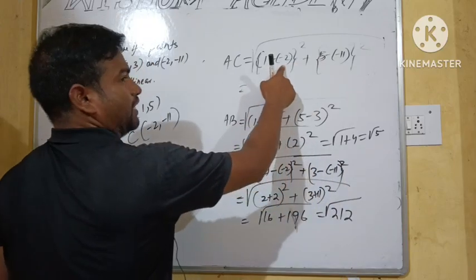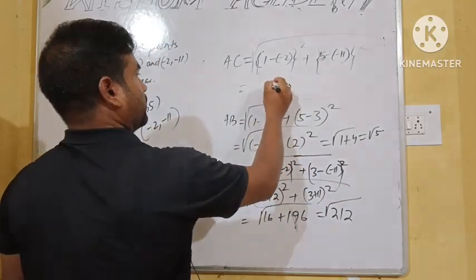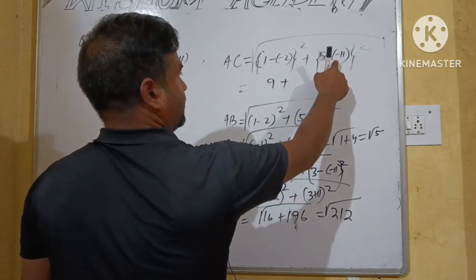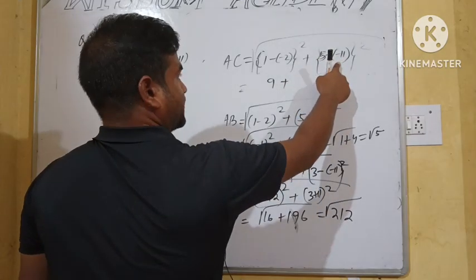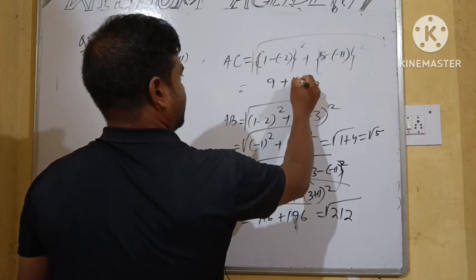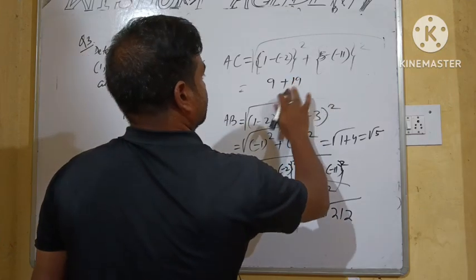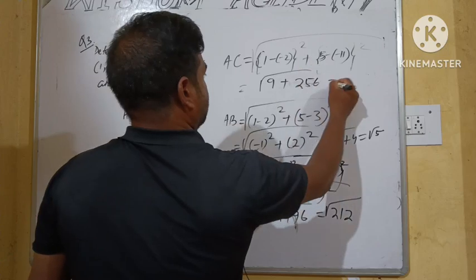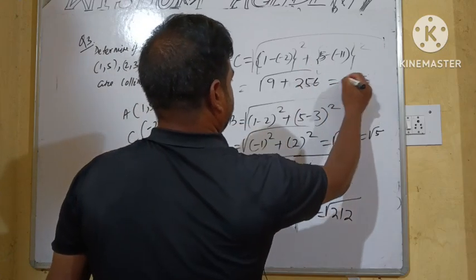Then 1 plus 2, 3 whole square is 9, and 5 plus 11 is 16, the whole square is 256. 9 plus 256 is 265, under the square root.